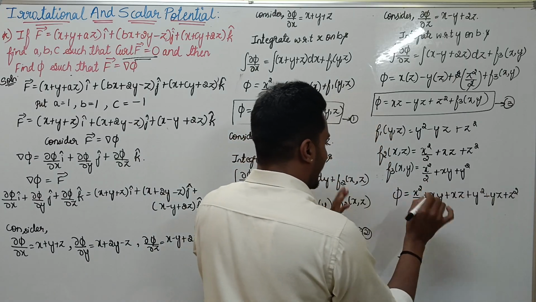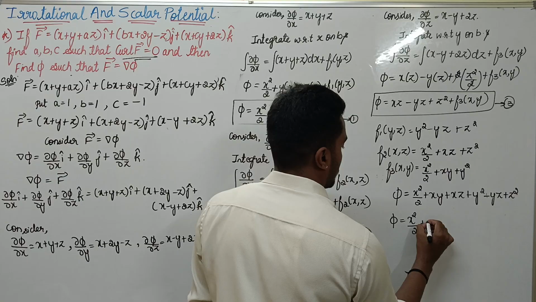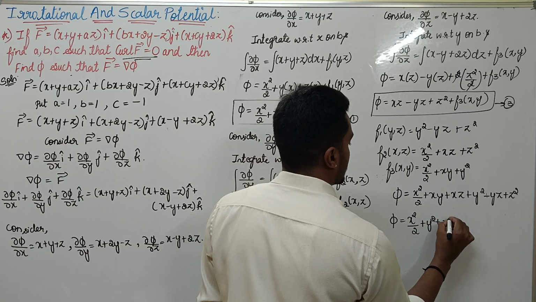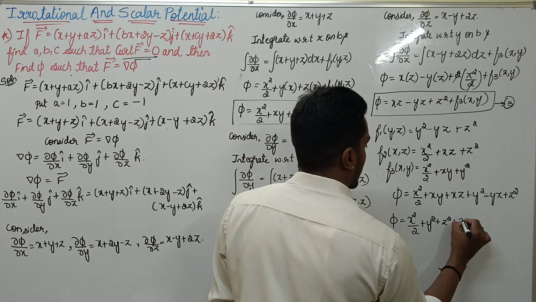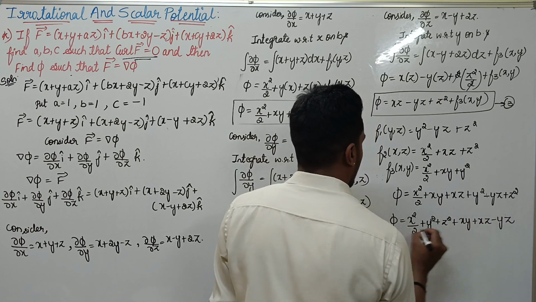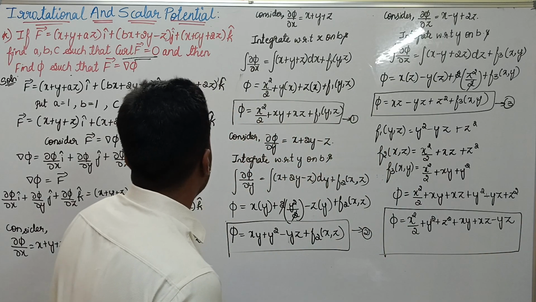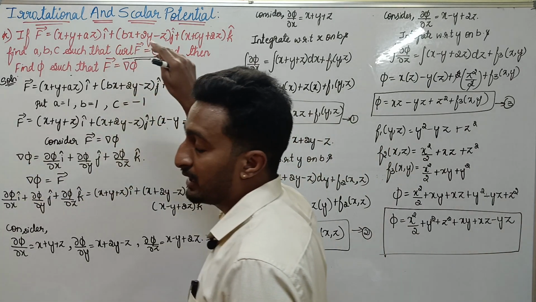Let us rearrange the terms: phi is equal to x square by 2 plus y square plus z square plus xy plus xz minus yz. This is our required scalar function phi for the given vector field f.